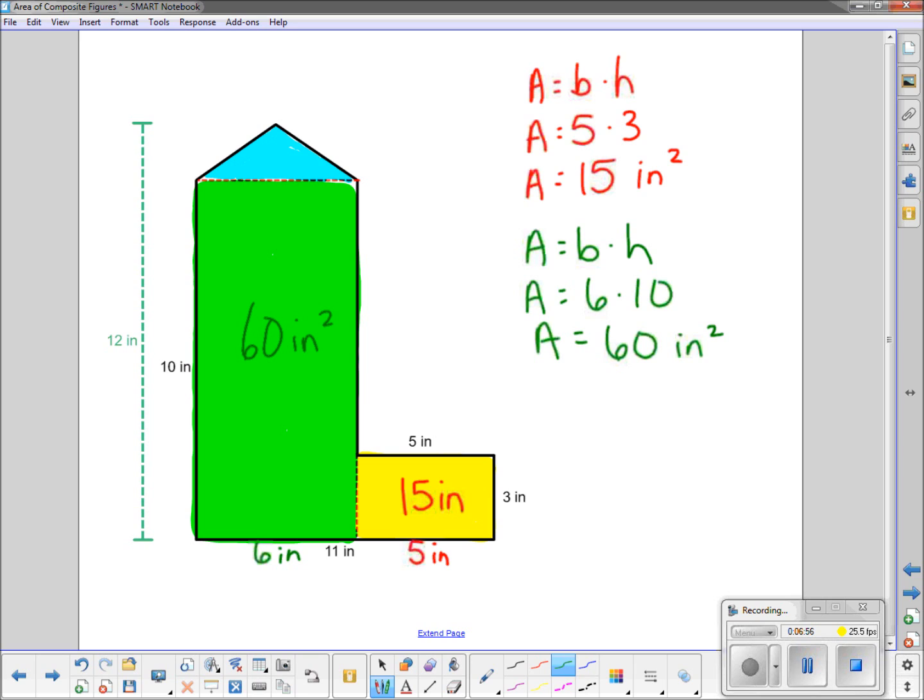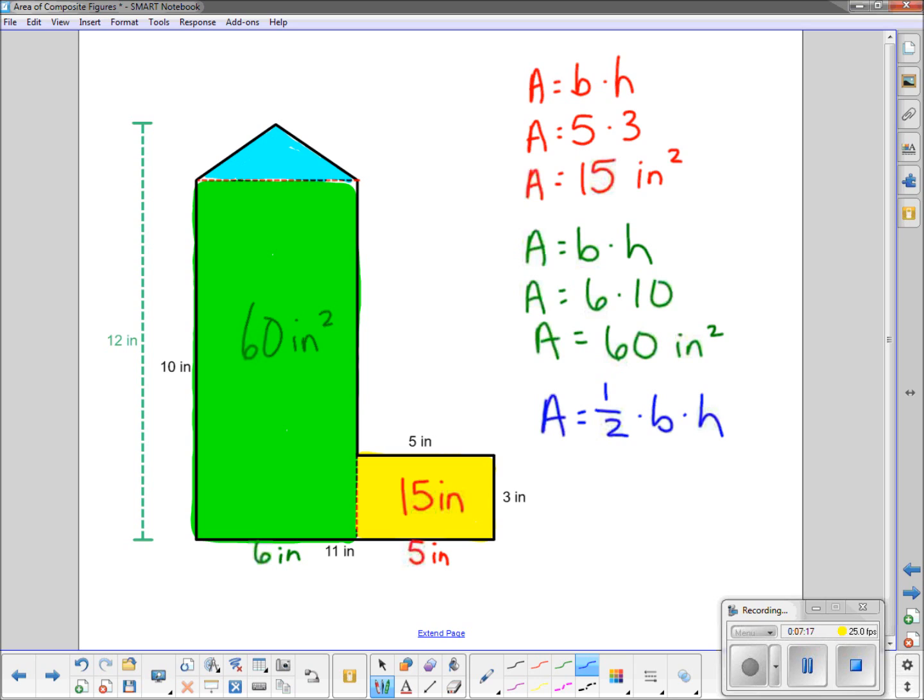Now this last part is the new part, and we need to focus on the triangle. To start off, I'm going to write the formula: the area of a triangle is 1/2 times base times height. So I realize that I'm only looking for two measurements: the base of the triangle and the height of the triangle.